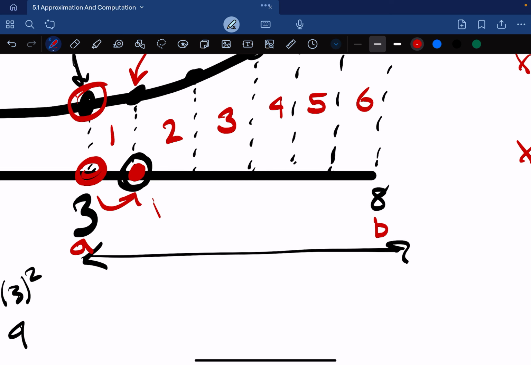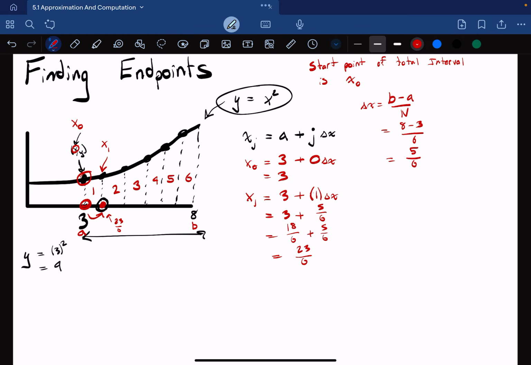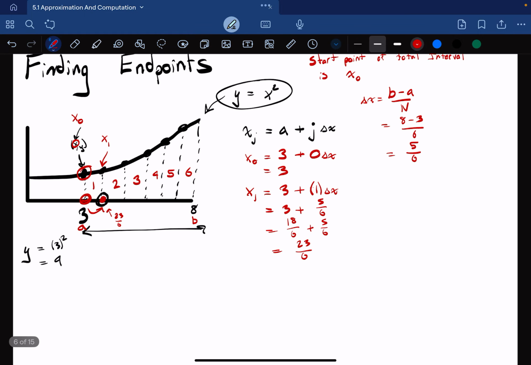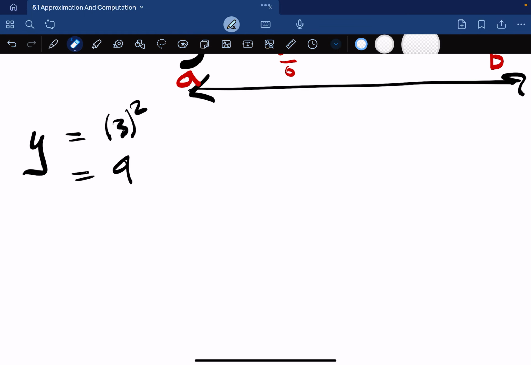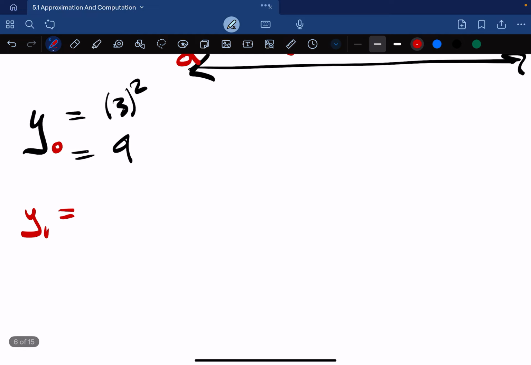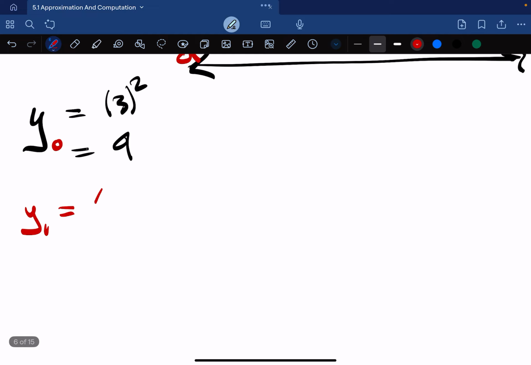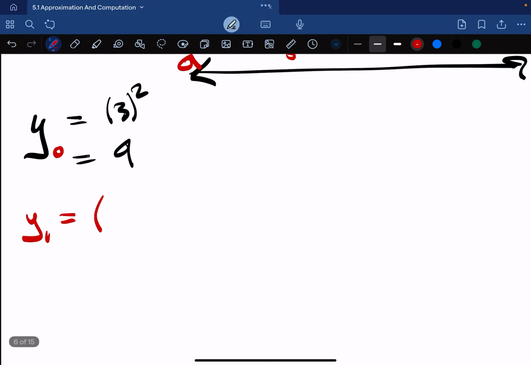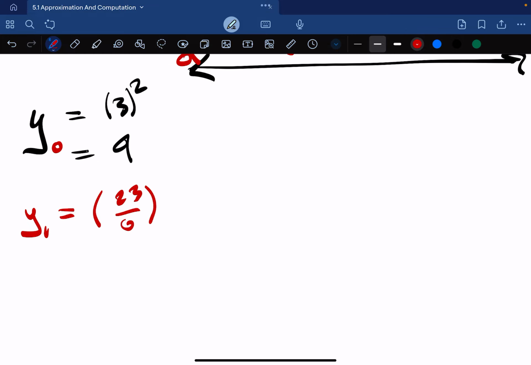So we now know that this x value right here is 23 over 6. Now, how would we find the y value? Well, we simply plug the x value that we found into the function itself. So we're just going to say 23 over 6 squared.